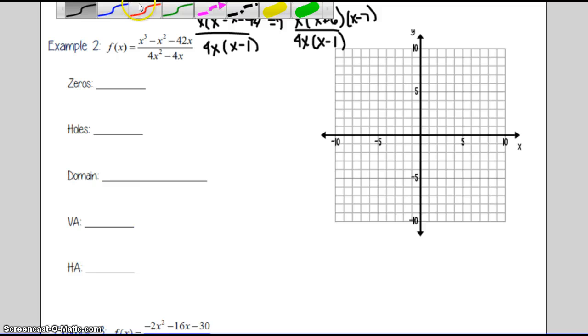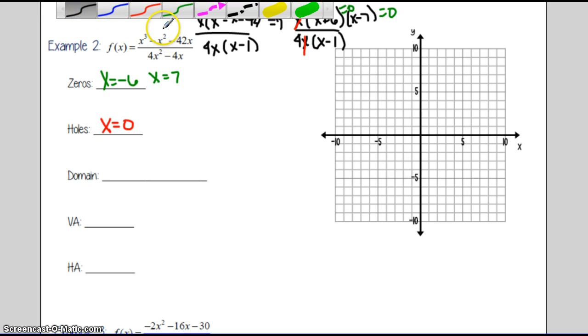So anything that cancels, well, we've got a single x here and a single x here that we could cancel. And that looks like the only thing that's going to cancel. So that's our only hole. And our hole is at x equals 0 because it's just x. So zeros, we're going to have 2 of them up here. Putting the top 2 things equal to 0, we get -6 and +7 when we set each of these equal to 0 and solve for our zeros.